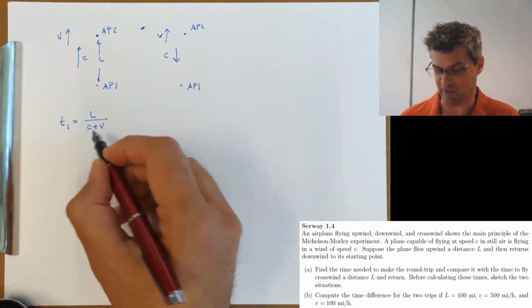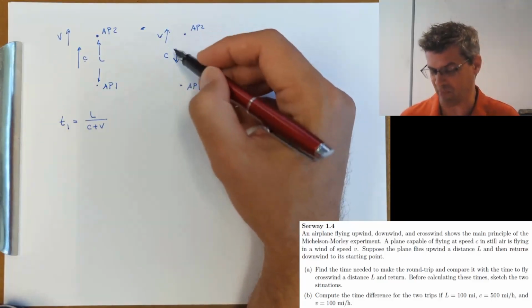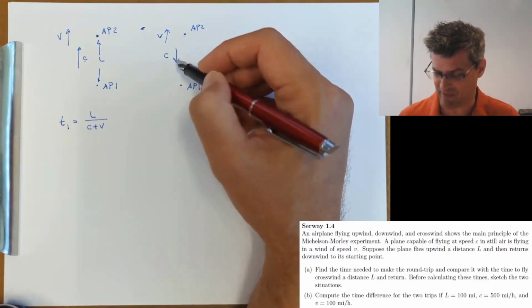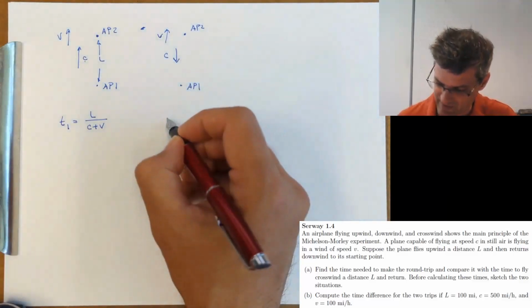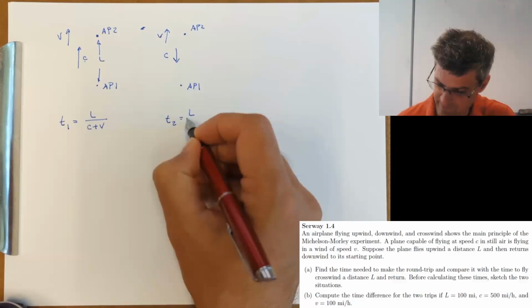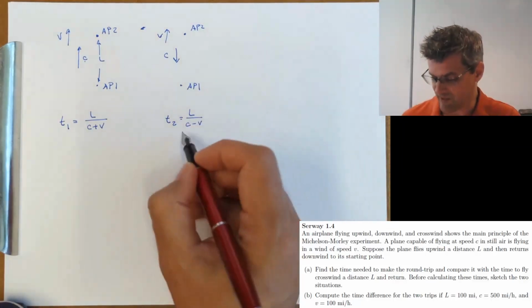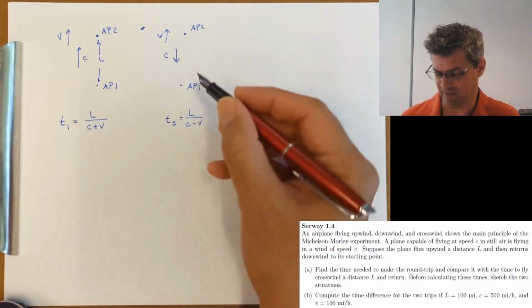In terms of its direction, it's going to be going down, but it's not going down as fast. If I wanted to know the relative speed with respect to the ground, it's going to be c minus v. That's how fast it's really going.